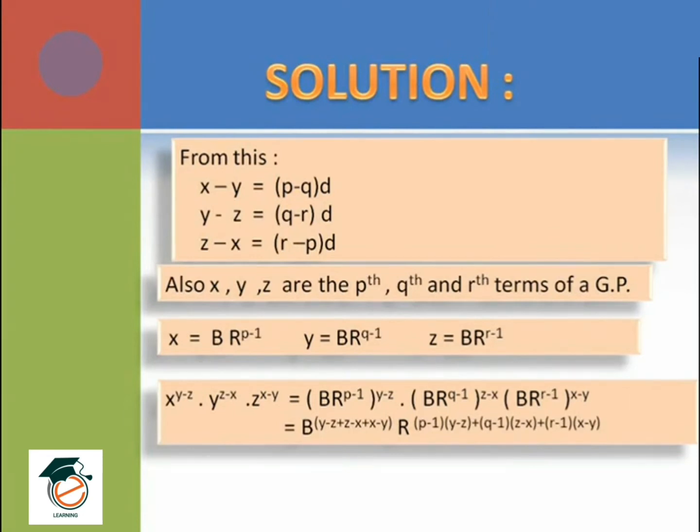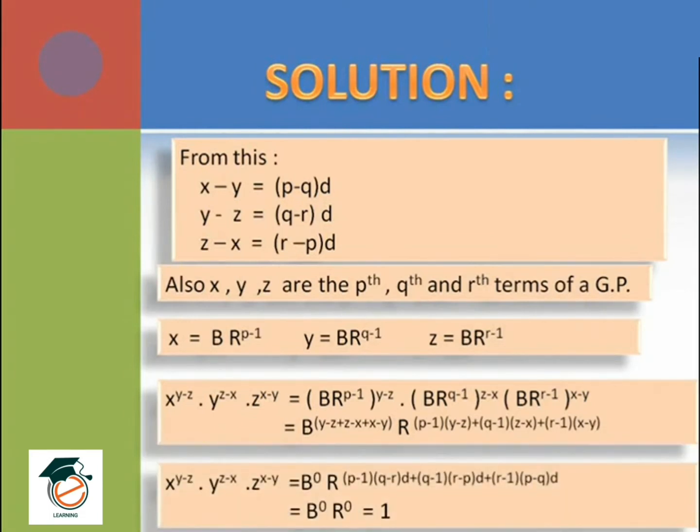Now when we multiply, what we get is b to the power of (y minus z plus z minus x plus x minus y) into r to the power of [(p minus 1) into (y minus z) plus (q minus 1) into (z minus x) plus (r minus 1) into (x minus y)]. Further, we see that this becomes equal to 0. So this would be b to the power of 0.